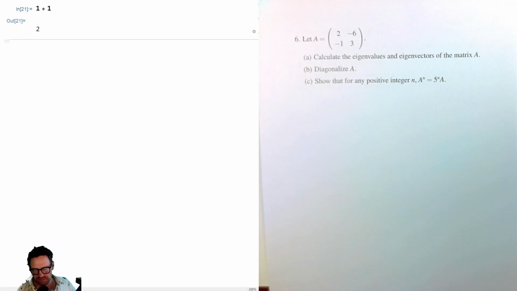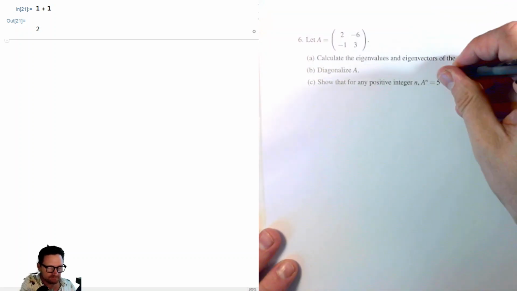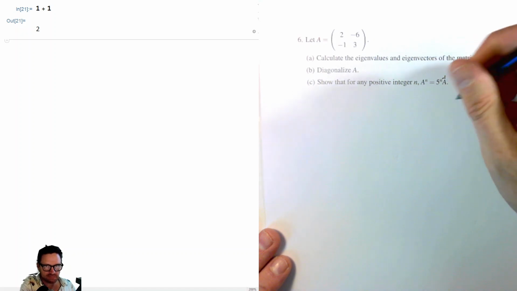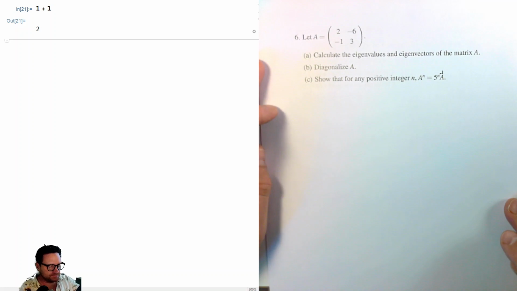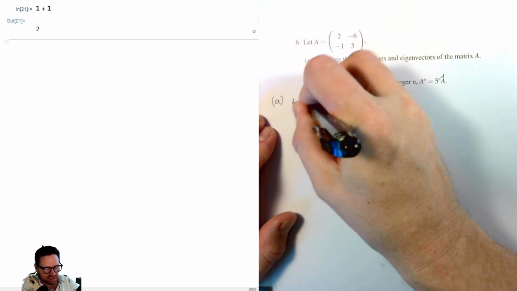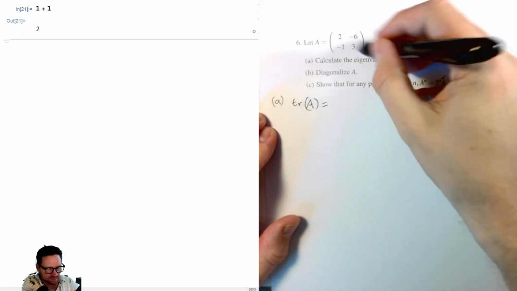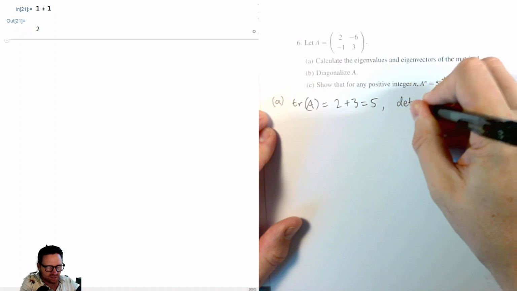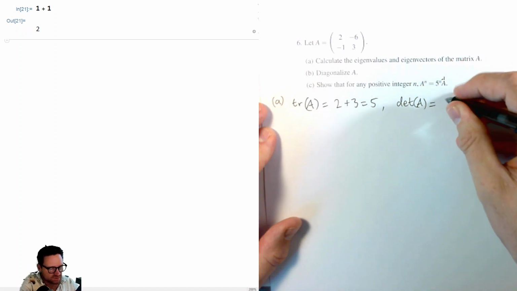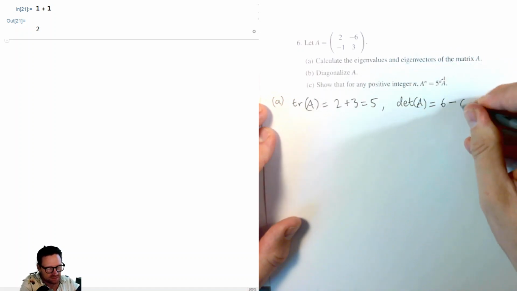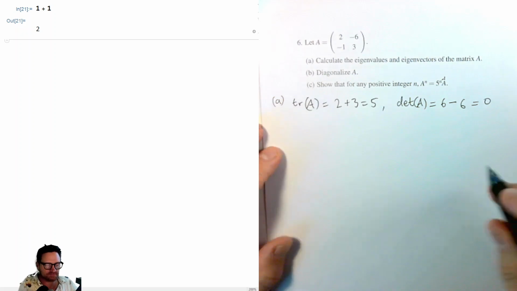So I'll tell you straight away, there's a typo in this question in part C. It should be 5 to the power of n minus 1. So fix that. Okay, calculate the eigenvalues and eigenvectors of the matrix A. So let's calculate the trace of A. It's the sum of the diagonal elements, 2 plus 3, which is 5. Determinant of A is 2 times 3 is 6, minus the product of minus 6 and minus 1, just 6. So we have a 0 determinant.